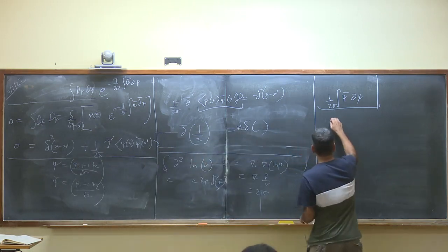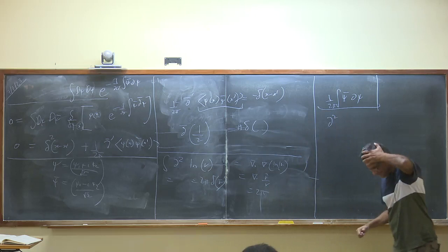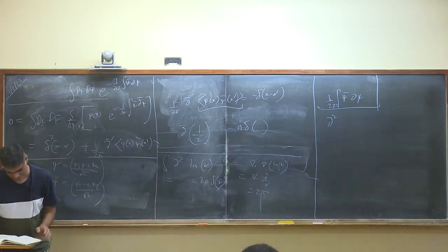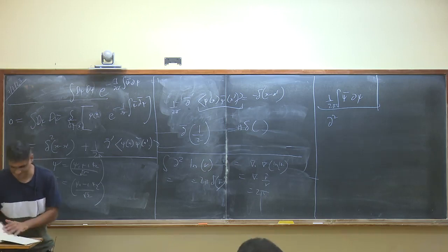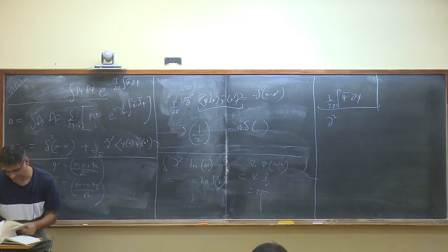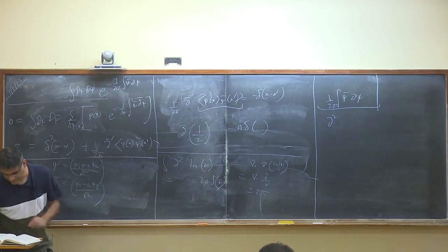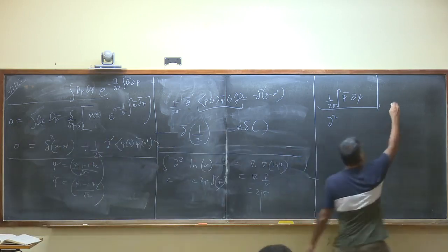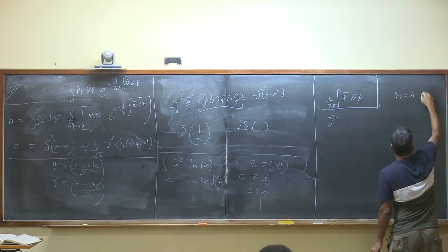But this del squared, now you'll have to help me with what my conventions with del were. I'm so sorry about all this irritating stuff. Anyway, let's work it out. I'll just look at the conventions. Del z was del 1 minus i del 2.